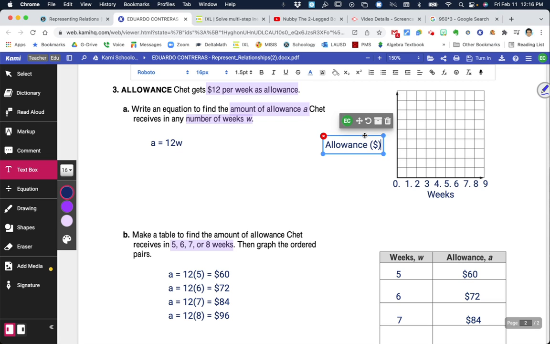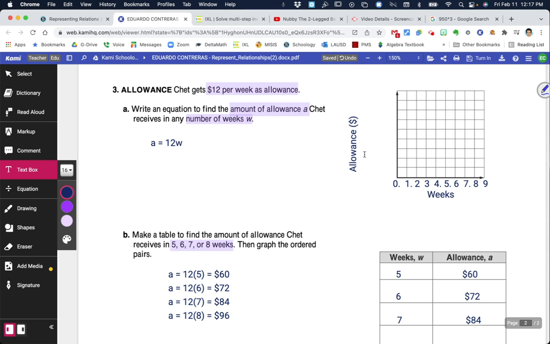And it's going to rotate it 90 degrees counterclockwise. So once you get this tool, press on this one. It's to rotate, and it will rotate it for you. Okay? And we'll just scooch it on in right there. So now we're saying we're measuring the allowance in dollars on the y-axis. All right.